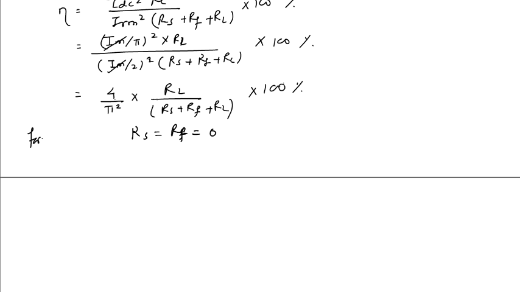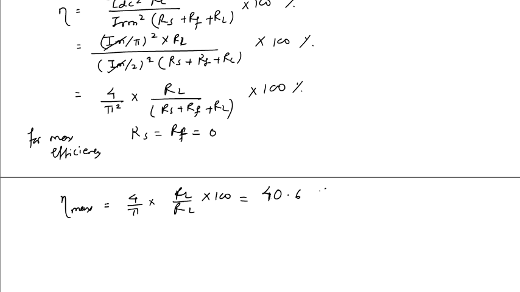So for maximum efficiency, RS equal to RF equal to 0, and maximum efficiency will be equal to 4 by pi square into RL upon RL into 100%, which is nearly 40.6%. So this much is the maximum efficiency of a half wave rectifier.